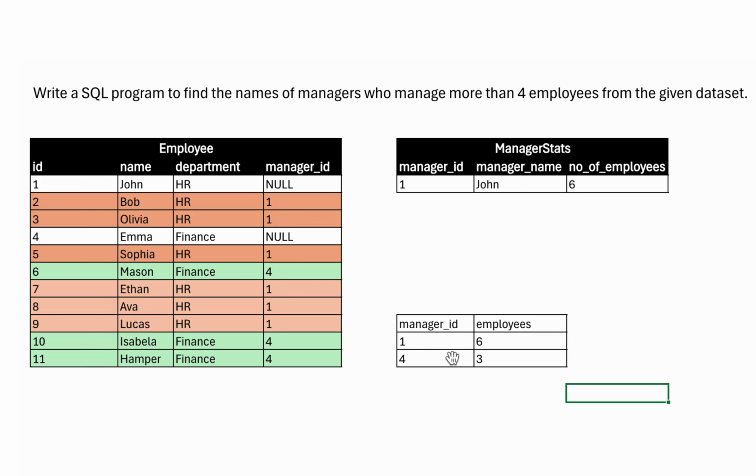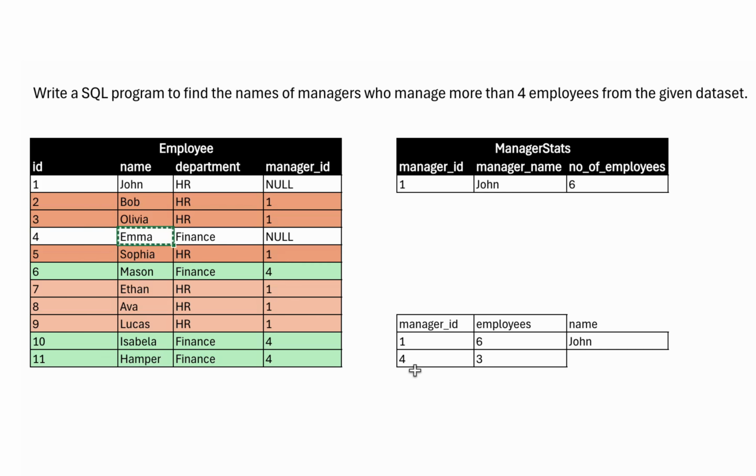So now let's find out who these managers are. One manager ID is 1. If we look at employee ID 1, that is John. So we can say that manager ID 1 is nothing but John. And if we try to find who the manager with ID 4 is, looking at the table again, for ID 4 the name is Emma.